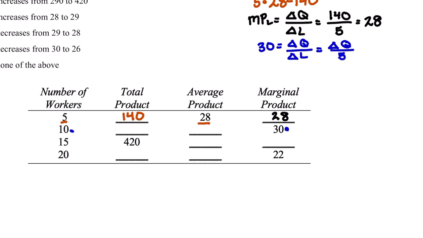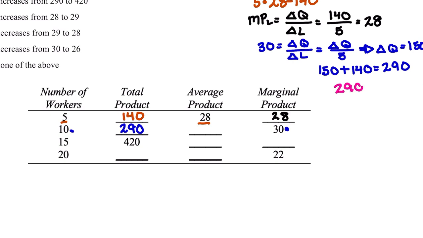So if we solve for our change in Q, we're going to get that our change in Q was 150. So 150 plus 140 gives us 290 as our total product. And then 290 divided by 10 gives us 29.